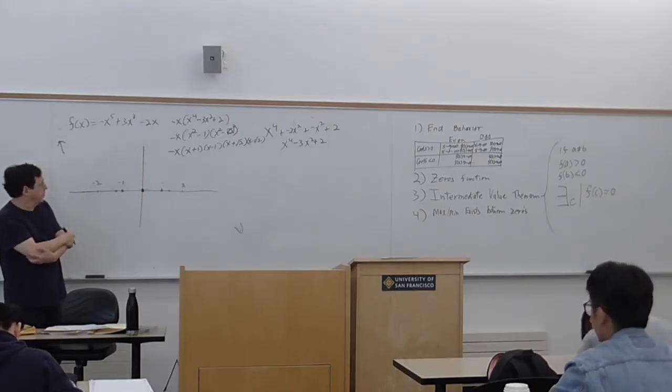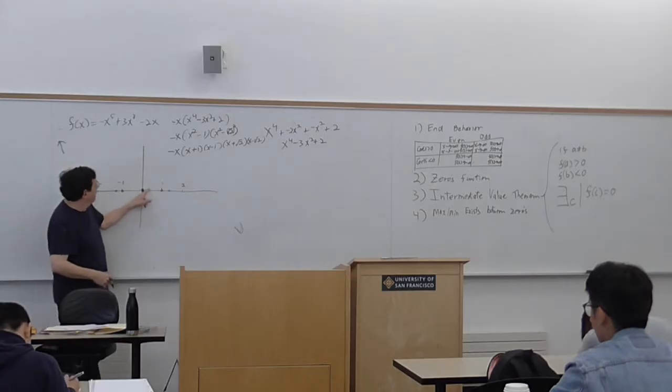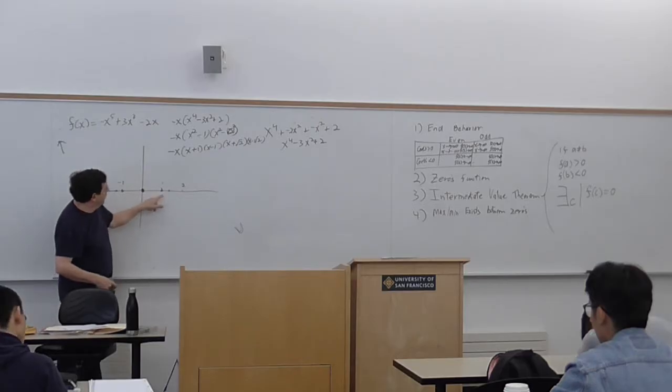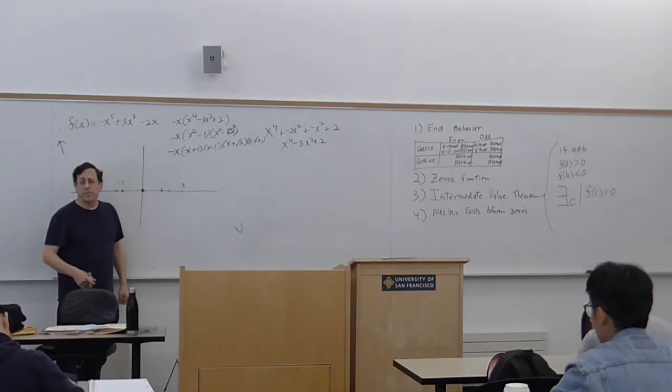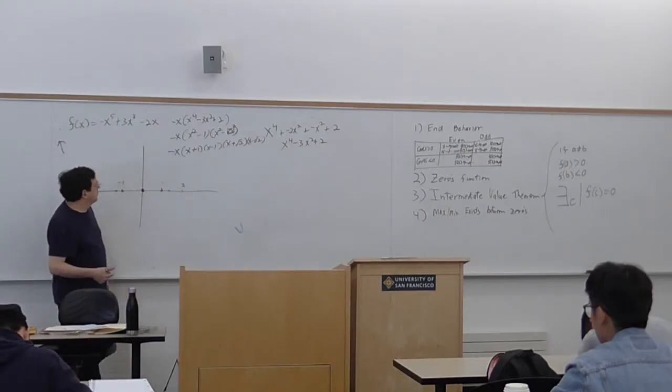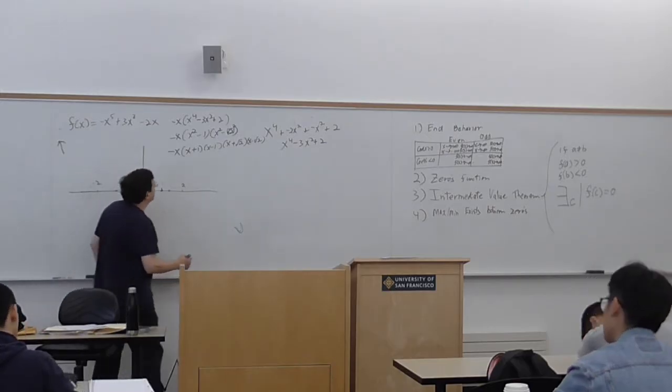Well, let's think about this for a second. Between 0 and 1, there has to be a maximum or a minimum. So let's just try some value in the middle. Let's try a half.